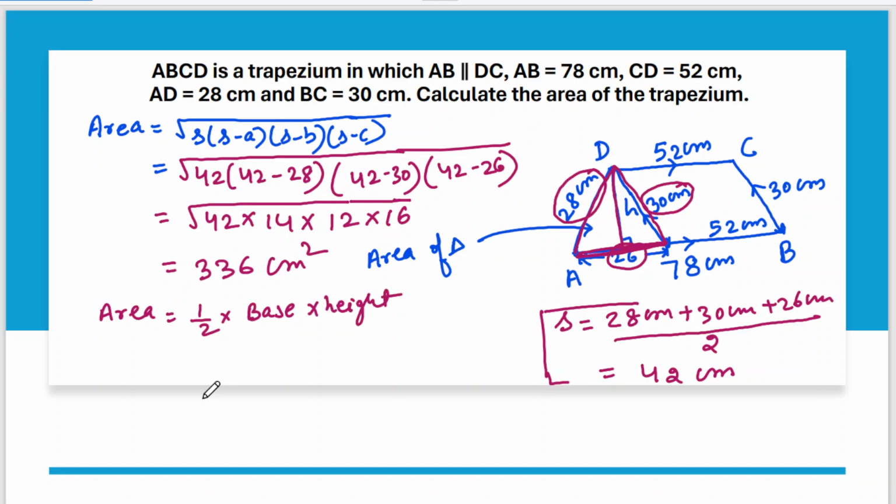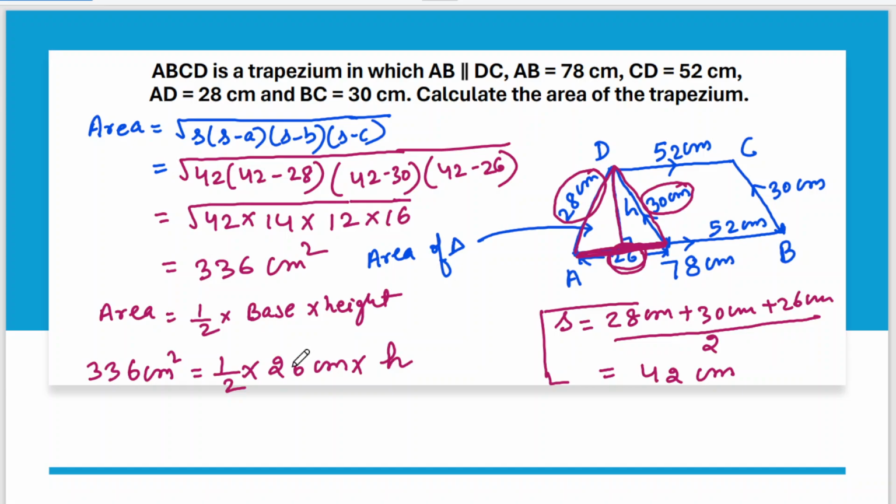We have calculated the area of this triangle, which is 336 centimeter square, equal to half into the base of this triangle, which is 26 centimeter, and we have to calculate the value of h.